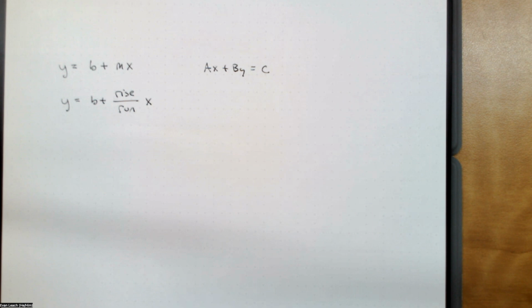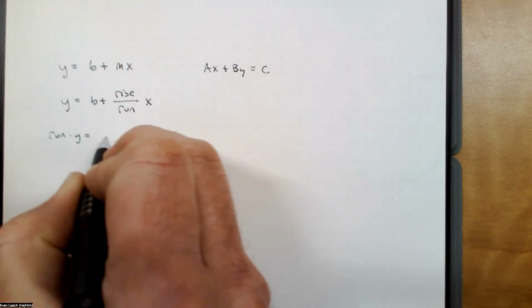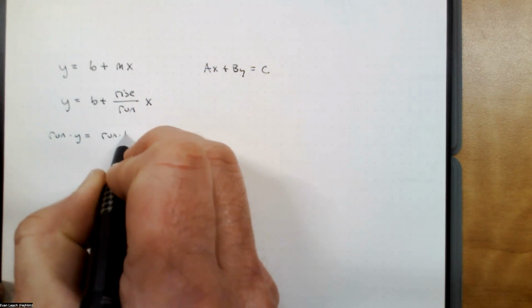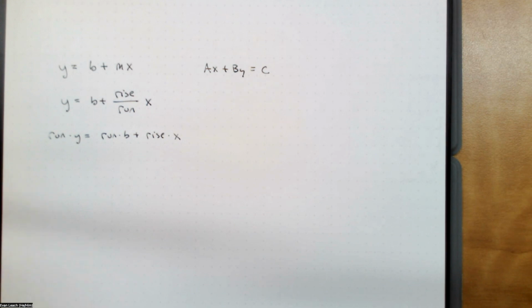I'll put the rise over run on the other side. Actually, I'm going to multiply by run first. Multiply through by the run, just to make the a and b really stand out. And then move the x term over.